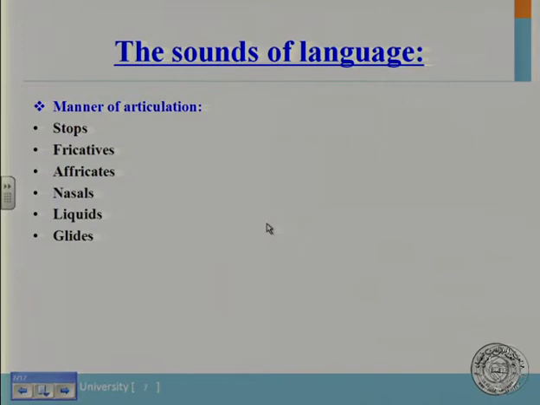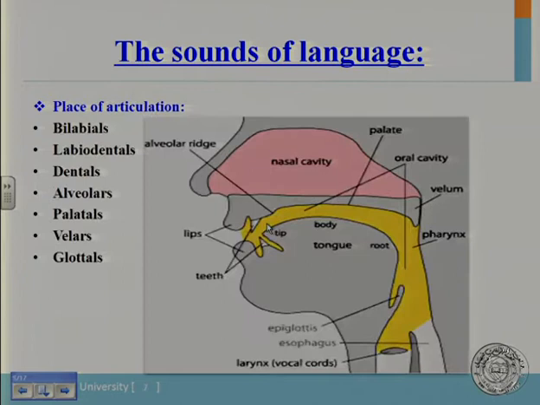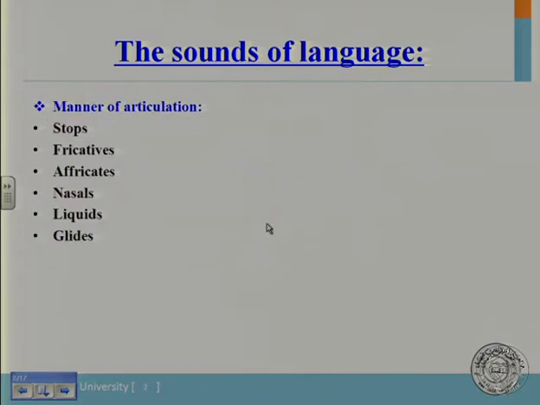Then we will start with the manner of articulation. The previous slides were about the place of articulation. We have bilabials, labiodentals, dentals, alveolars, palatals, velars, and glottals. Now, the second is the manner of articulation. What is the meaning of the manner? What exactly happens when we produce sounds?